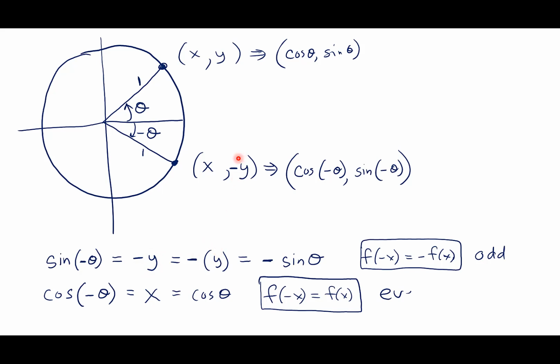So it goes from here to here. It's the y value, positive value, with a negative in front of it. So that means it's just sine theta with a negative in front of it. So negative y becomes a negative of sine theta.